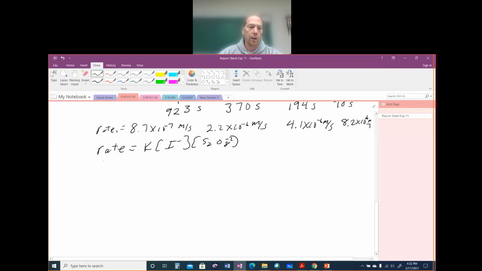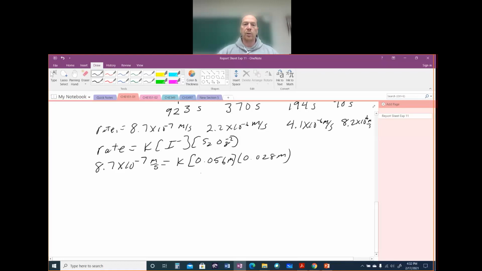So rate 1 was 8.7 times 10 to the minus 7 molarity per second. We're going to solve for the rate constant k. Our I minus, we calculated after mixing, 0.056 molar. And then the S2O8 after mixing, that is the 0.028 molar.